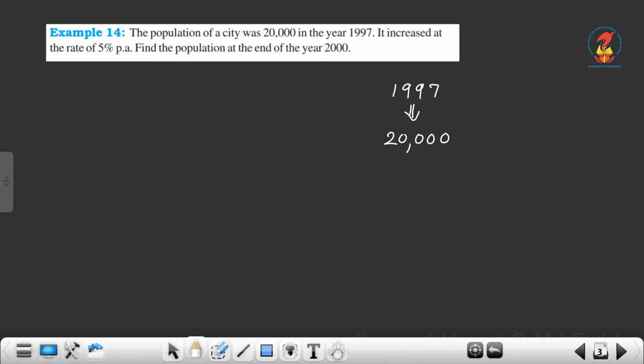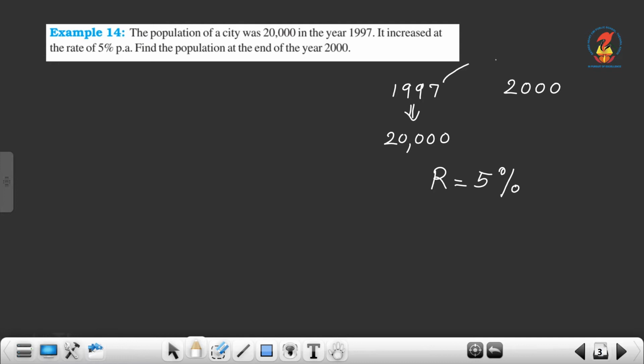Then you have to find out the population at the end of 2000. Here the population is increased at the rate of 5% per annum. So the rate of increase is 5%.